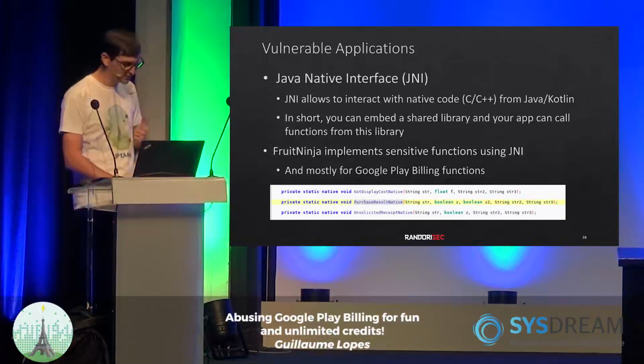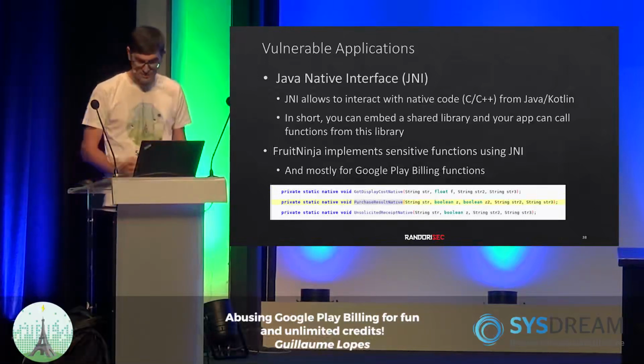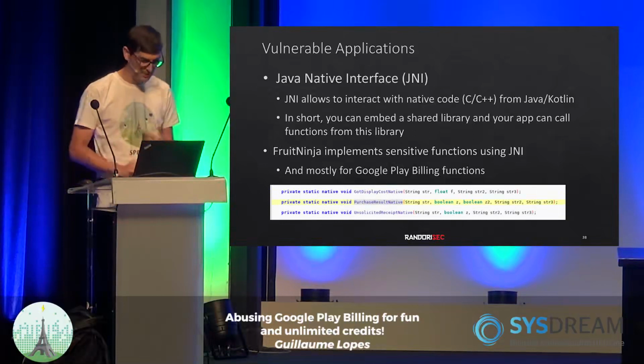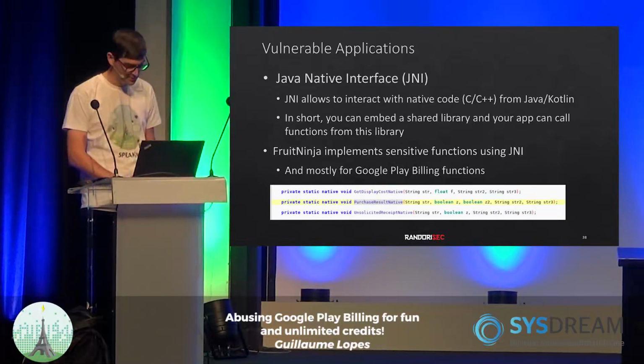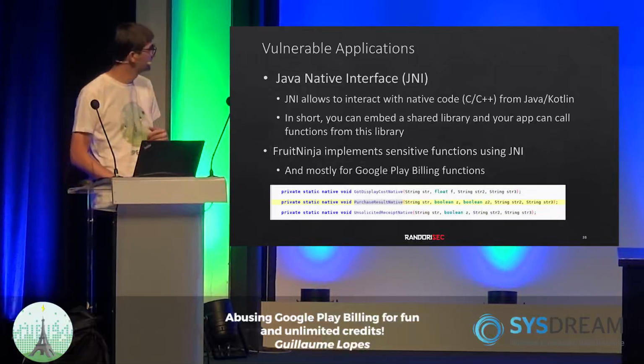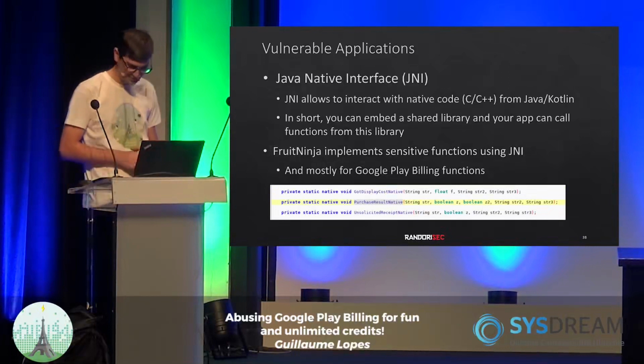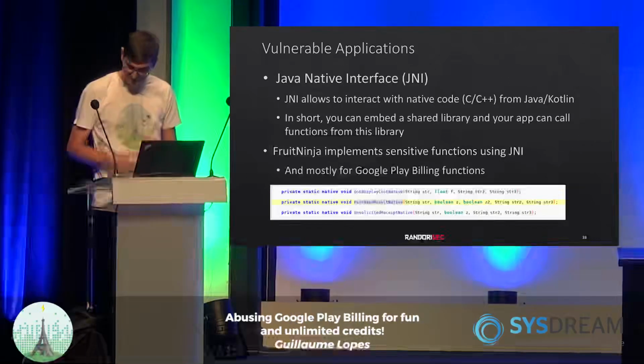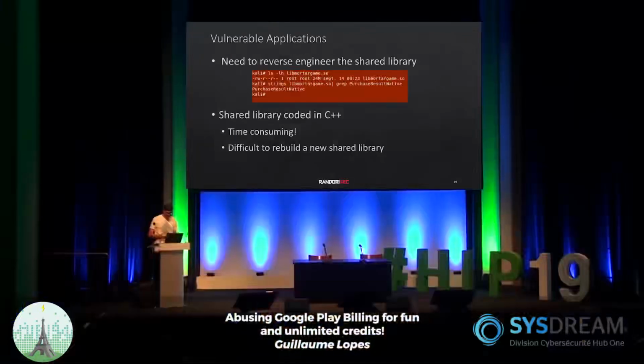And in the case of Fruit Ninja, all the sensitive functions for the payment are handled by the shared library. In fact, you can see here the purchase result native in the middle is the one performing the validation of the payment. So I found the shared library. It's pretty easy. You need to be a good reverse engineer.